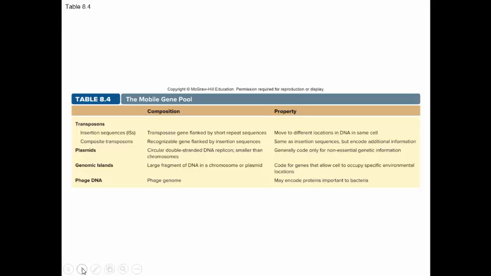These are unique strains that start popping up, and in part it is because they picked up from the mobile gene pool the traits capable of causing a lot of damage. Okay.